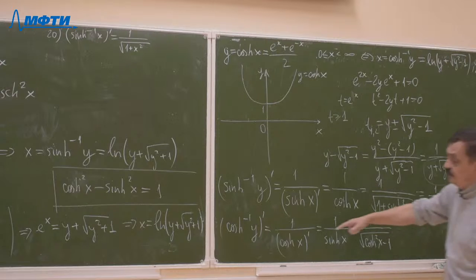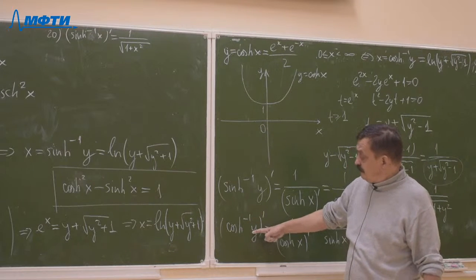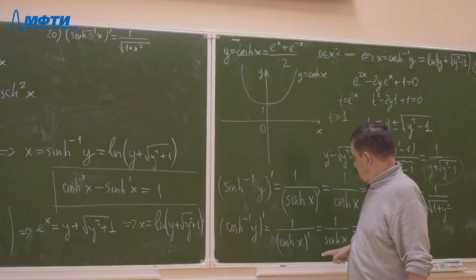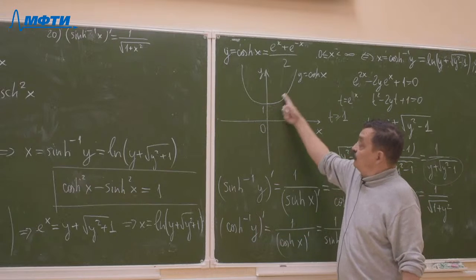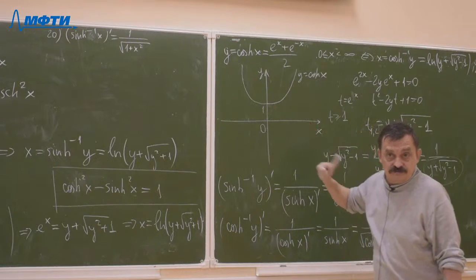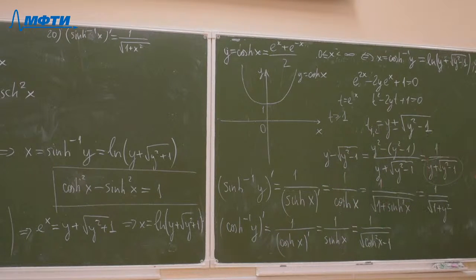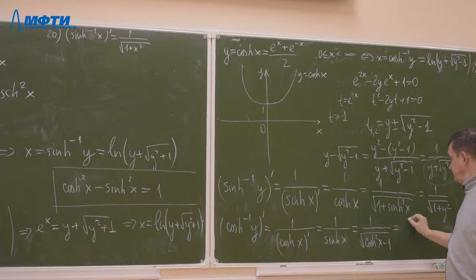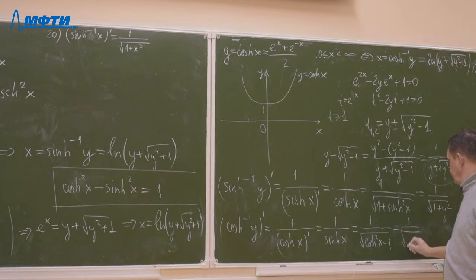Because of the definition. For cosine hyperbolic, we have only the positive version taken. And it gives 1 over square root of y squared minus 1.